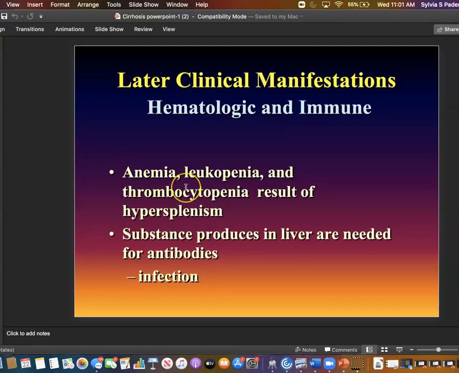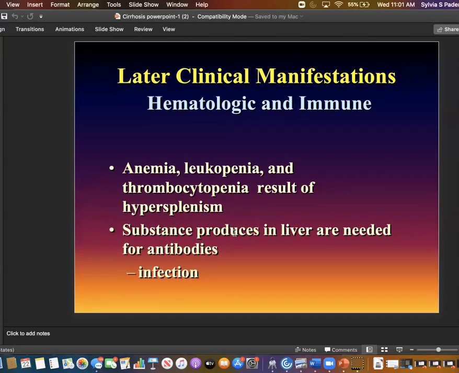So anemia, leukopenia, and thrombocytopenia are the result of hypersplenism, an engorged spleen. So the patient ends up being at risk for infection.